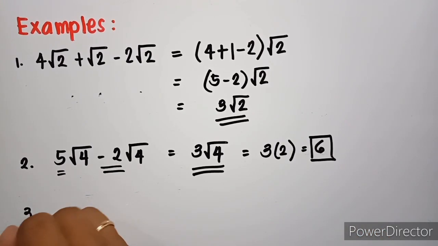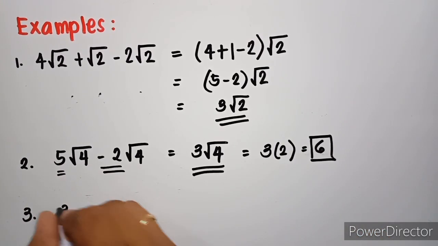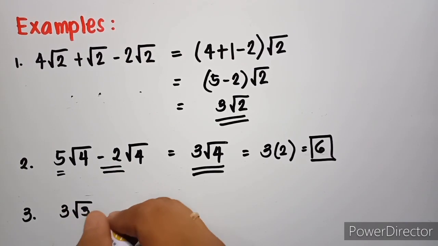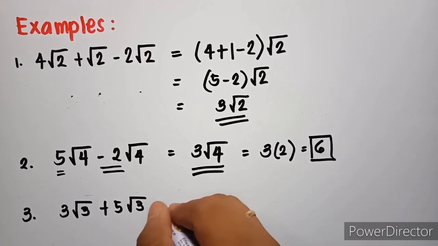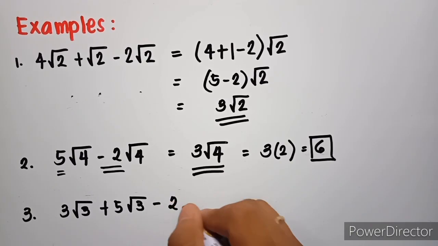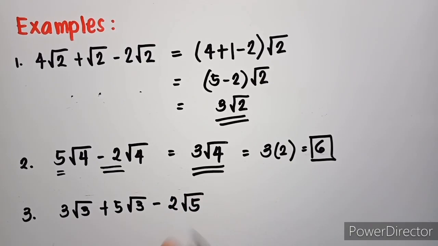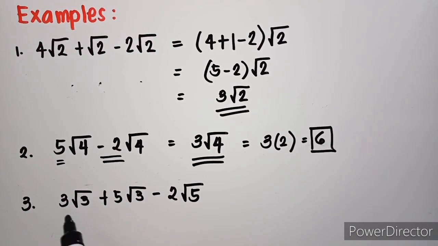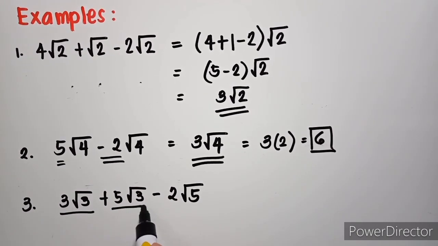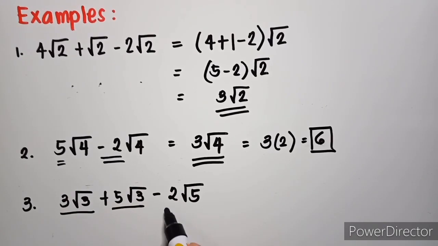Number 3: 3 square root of 3 plus 5 square root of 3 minus 2 square root of 5. As you can see in example number 3, the first two terms have similar radicands and the other one is dissimilar.